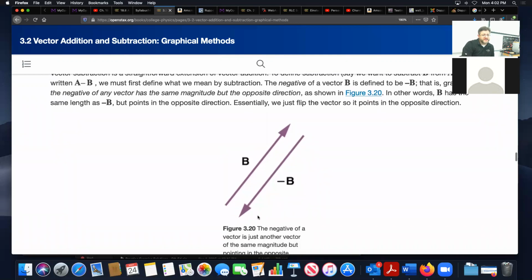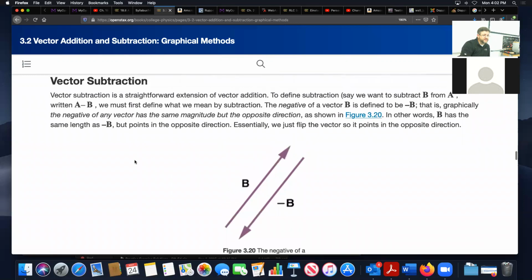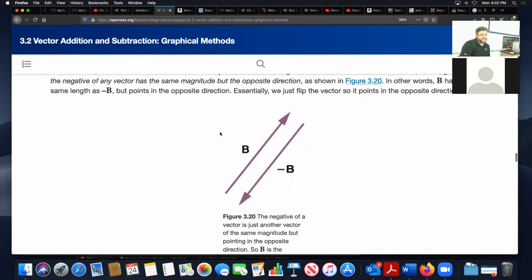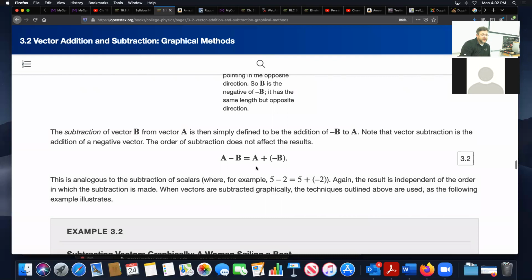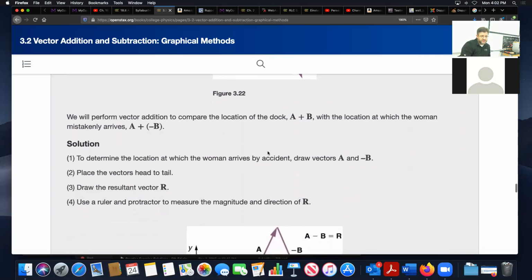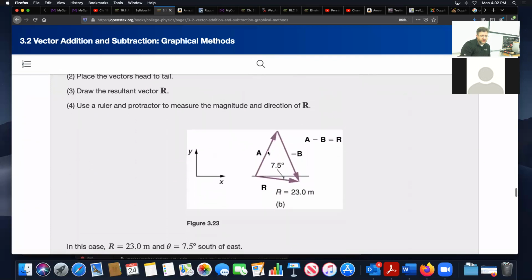But another thing that's interesting is we can actually define A minus B as A plus minus B, just like we can in normal arithmetic. A minus B is the same as A plus minus B. And since minus B is just the same vector as B, just pointing in the opposite direction, we can show that that math is true, and we can also show geometrically that it's true.